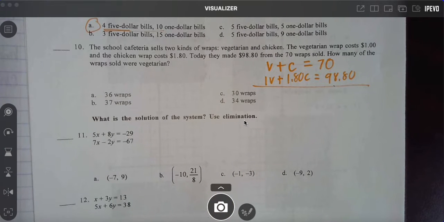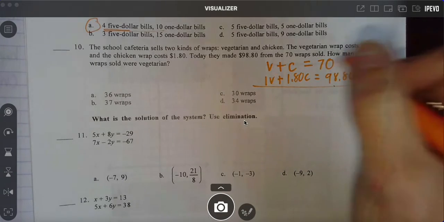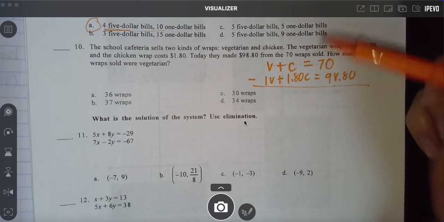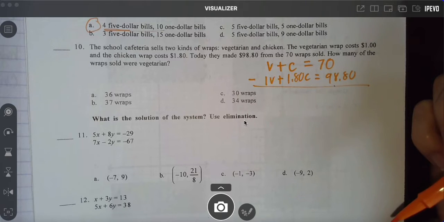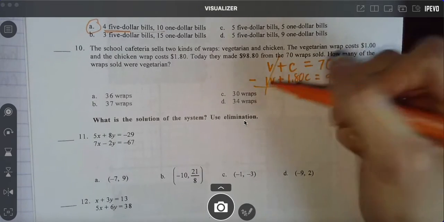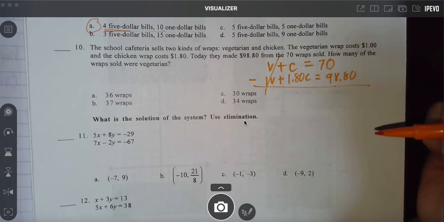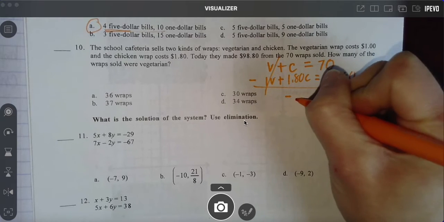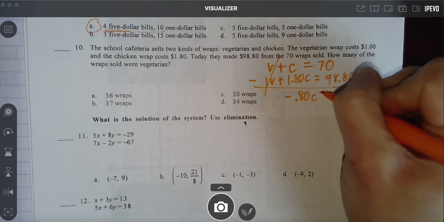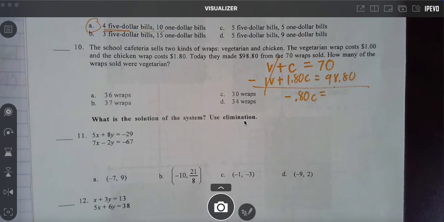Well, no, actually you can't because you don't have both of them. So we have to use elimination, and we will subtract. The V's are the same sign, subtract. So those cancel out. What's 1 minus $1.80? Negative 0.80. And what's 70 minus 98.80?